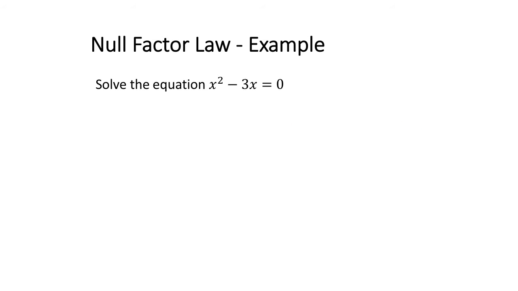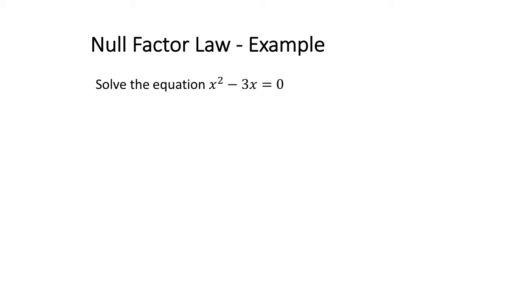So the example, we want to solve the equation x squared minus 3x is equal to 0. The first step we need to do to be able to solve that equation and find our values of x is to factorize that expression. So x squared minus 3x, and I can see that I've got a common term of x in both of those terms.